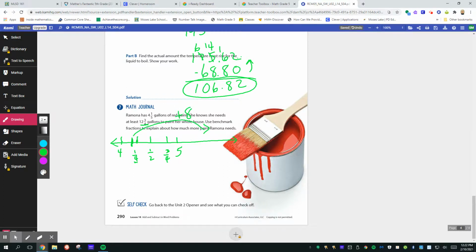If you're at 4 1/4 about, and you want to go to 12 1/4, that's plus 8. And then it's another plus 1/2 to go from 1/4 to 3/4. Pretend like I left out all these numbers in the middle here, okay? So really, it's about 8.5 more gallons that she's going to need. So we didn't have to find the exact answer, just about how much more does she need.